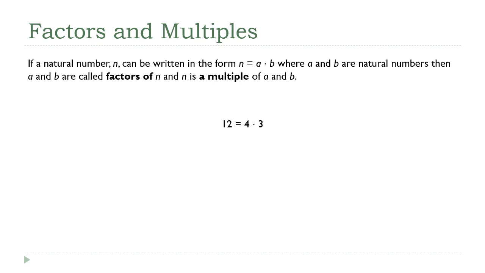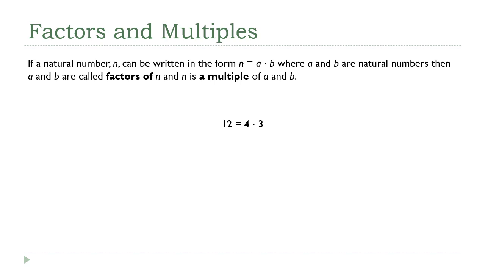For example, 12 is equal to 4 times 3. Right? This means that 4 and 3 are factors of 12. That's kind of the breaking down direction. And from the building up direction, I would say that 12 is a multiple of 4 and that it's a multiple of 3. Right?